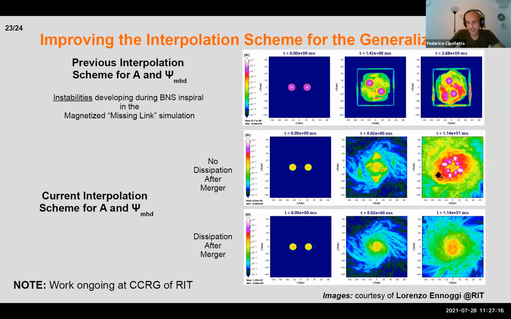And you can see that the situation is considerably improved by this change, but we still need some dissipation. This work is ongoing at the Center for Computational Relativity and Gravitation at the Rochester Institute of Technology, so stay tuned for more updates.